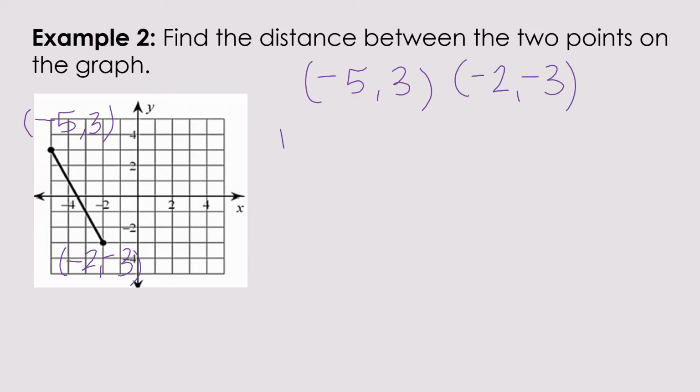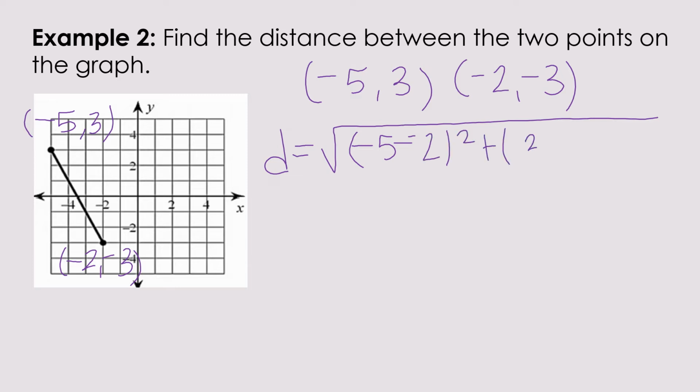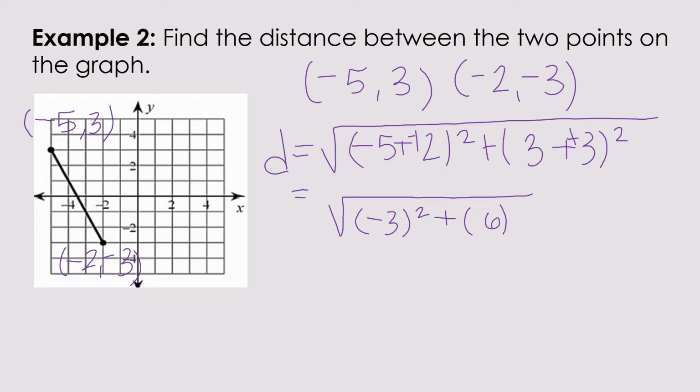Okay, so if we're going to use the distance formula, we're going to subtract our x values, -5 minus -2, squared plus, and then the same thing for y values, 3 minus -3 squared. -5 minus -2 becomes -5 plus 2, so that is -3 squared, plus 3 minus -3 becomes 3 plus 3, which is 6 squared. -3 squared is 9. 6 squared is 36.